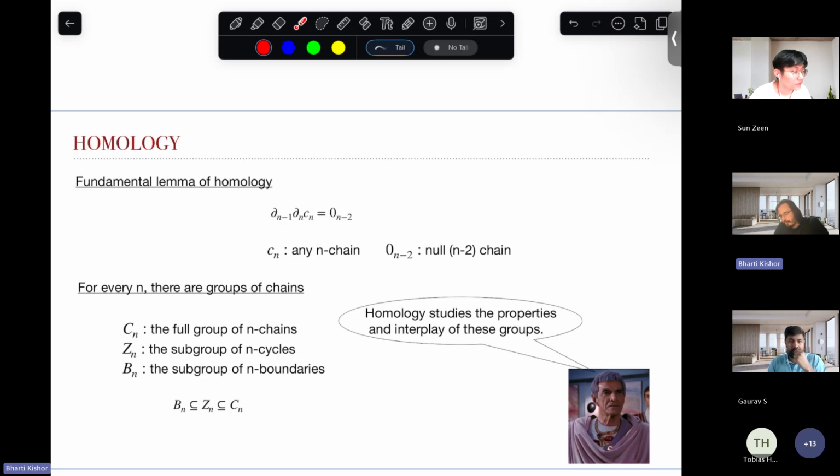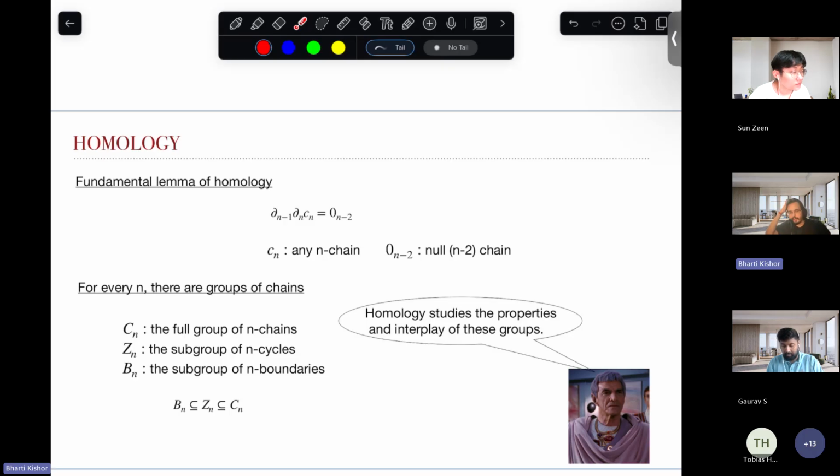So there are these three groups, and basically, this is where I wanted to come to. In homology, we try to study the properties and interplay of these groups: group of chains on the top, then group of cycles, and then group of boundaries.